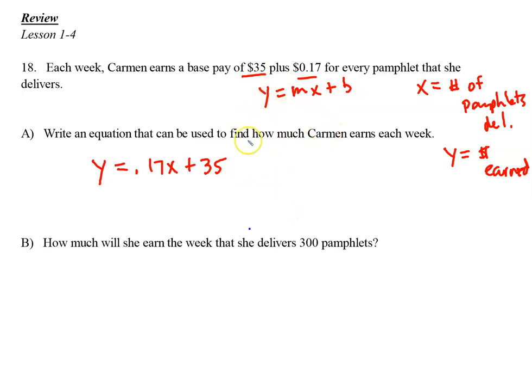All right, so we've got the equation. So now, using this equation, how much will she earn? In other words, what will y be if x is 300? So show me on your test how you use the equation that you came up with in letter A. So if you need your calculator, it's 0.17 times 300, and then add 35 to that, and she gets $86.